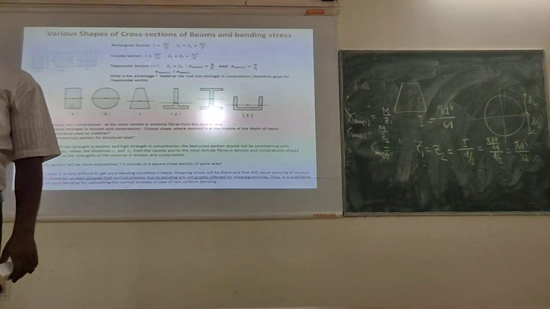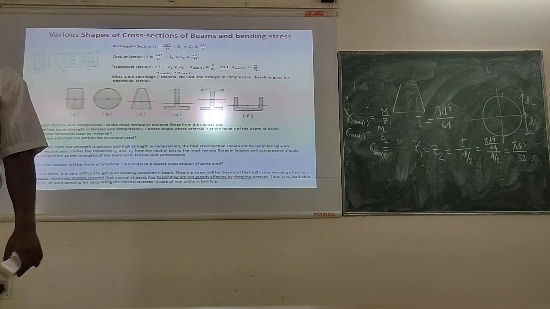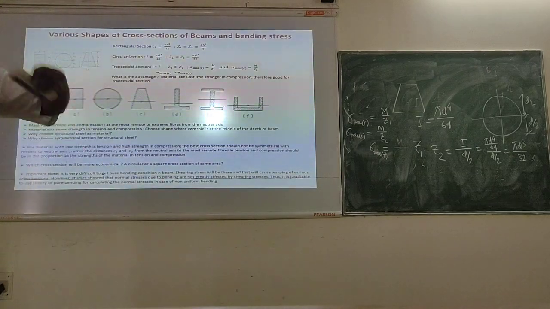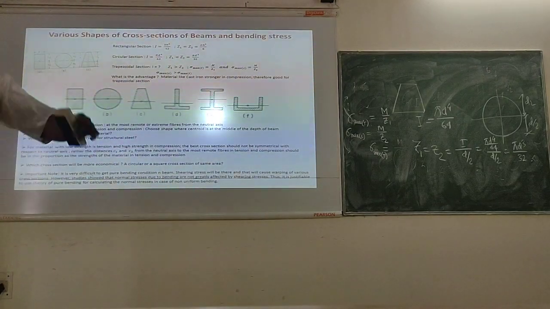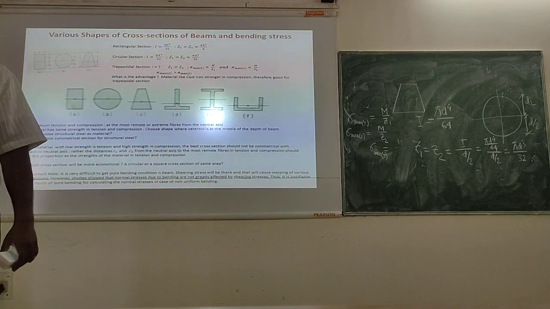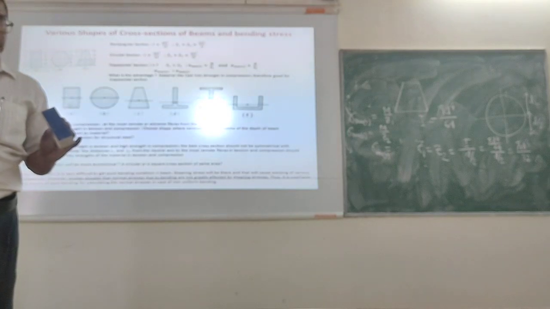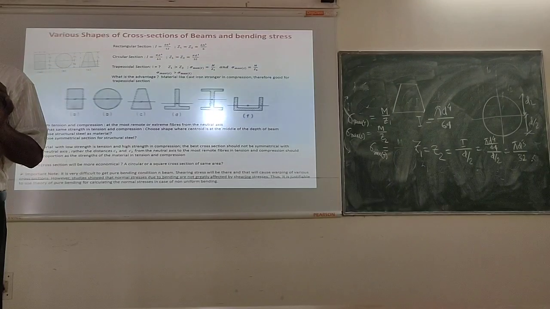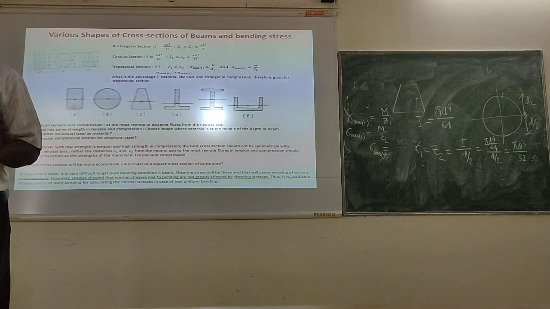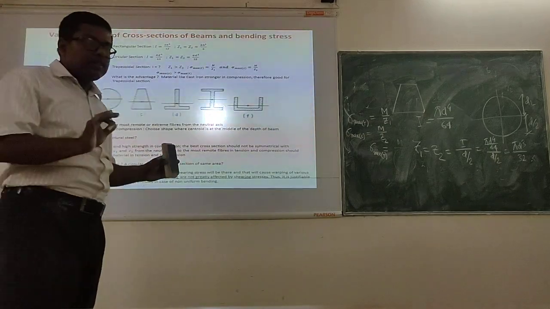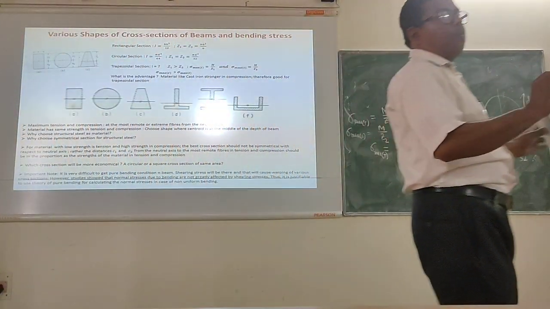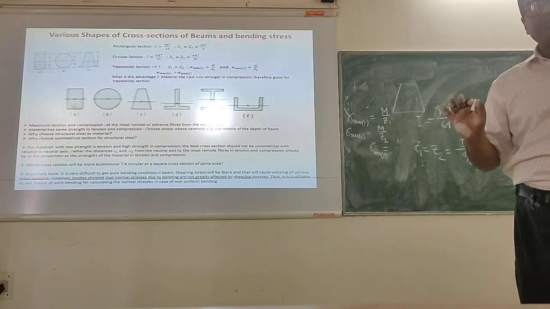And what is the value of the moment of inertia of this kind of section? Is it possible to remember for all types of sections the value of the moment of inertia? It is not possible. So you will have to come from the basics. Correct? So centroid finding and moment of inertia finding is very, very important for some regular sections as well as for some irregular or unsymmetric sections.